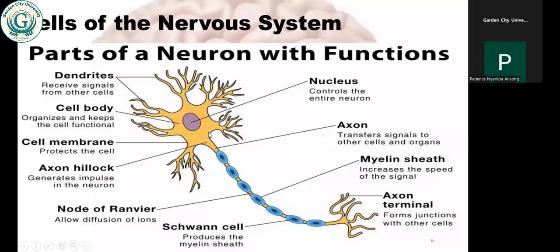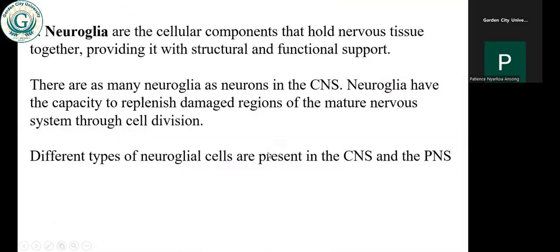Then within the peripheral nervous system, another neuroglia cell also forms this myelin sheath, and that is the Schwann cell. So the Schwann cell and the oligodendrocytes are all examples of neuroglia cells that support the function of the main neuron or the nerve cell.